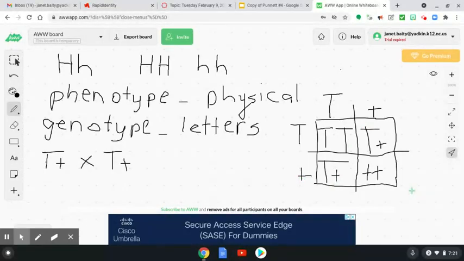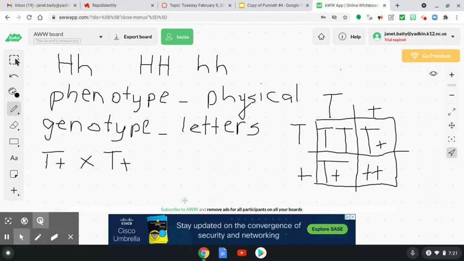Now, if we look, it's saying the phenotype. So how many of these are tall? How do we know if they're tall? Because they have a dominant T. If they have a dominant T, that means they're tall.